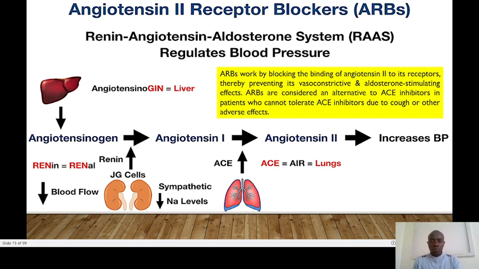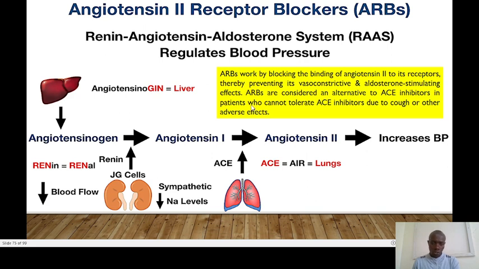If patients cannot tolerate these ACE inhibitors, the alternative is the angiotensin receptor blockers. We normally refer to them as the Sartans. These work by blocking the binding of angiotensin 2 to its receptors, and therefore this will prevent the vasoconstrictive and aldosterone stimulating effects.